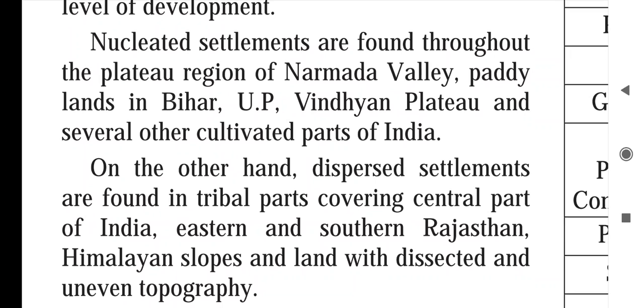Malwa Plateau, Mewar Plateau, Bundelkhand Plateau. In these plateaus we can find a number of people living, meaning nucleated settlement is found, because in that plateau region land is available to build houses, colonies, cities. Again, land for industries is available, land for agriculture is available, so people give preference to living in this region.